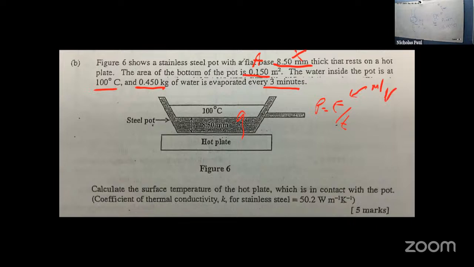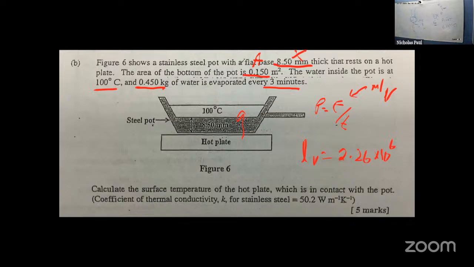The latent heat of vaporization is 2.26 by 10 to the 6 per kilogram. So the power being delivered, you have to use M by L over T.